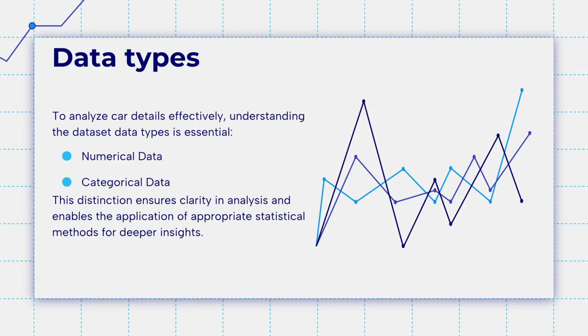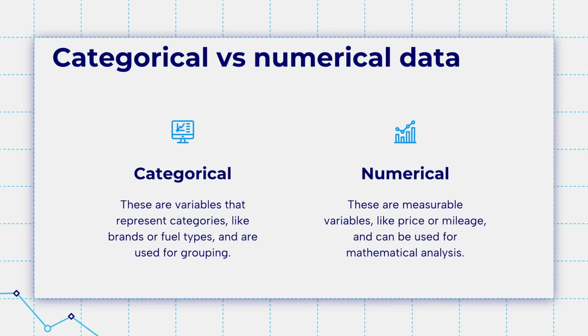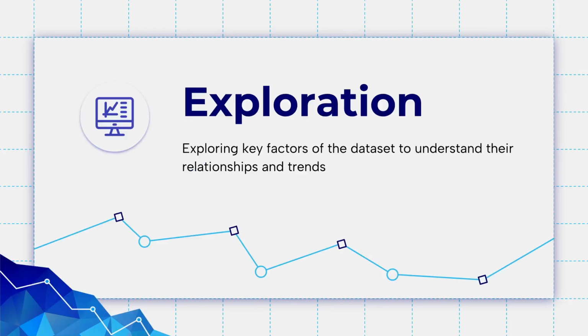On the other hand, categorical data represents groups or categories such as car brands, fuel types, or transmission types. These categories help us compare groups. For instance, analyzing whether petrol or diesel cars have higher average prices. By clearly distinguishing between numerical and categorical data, we ensured the use of appropriate statistical methods for each variable, making our analysis both accurate and insightful.